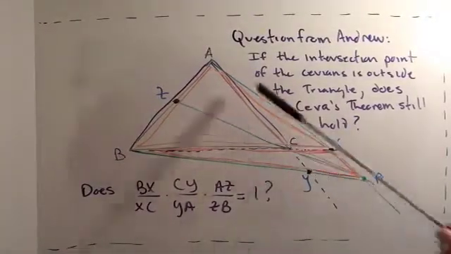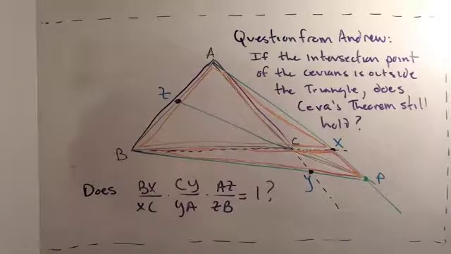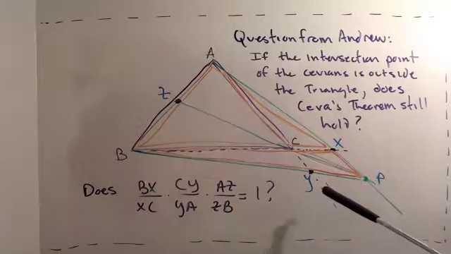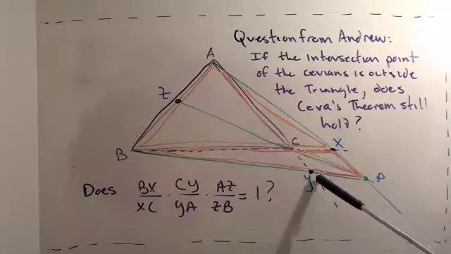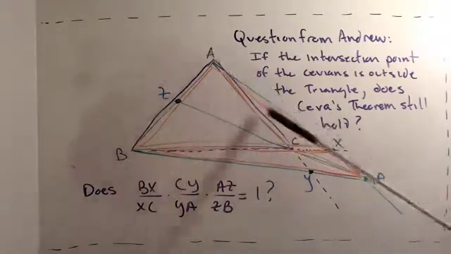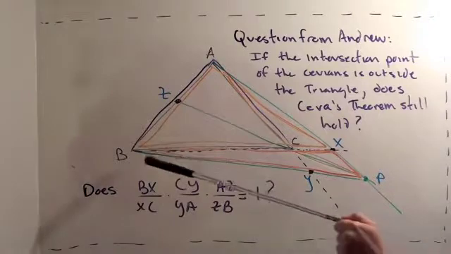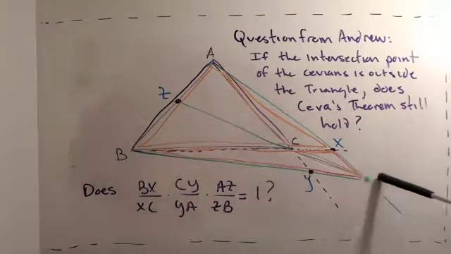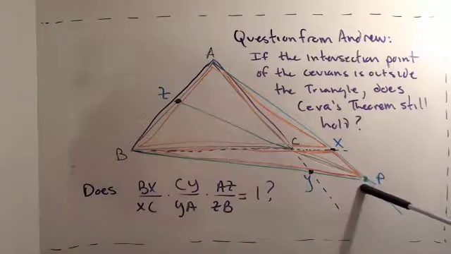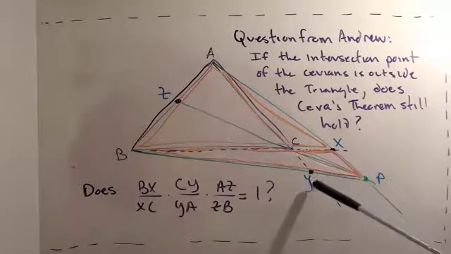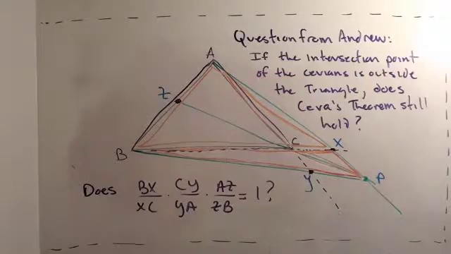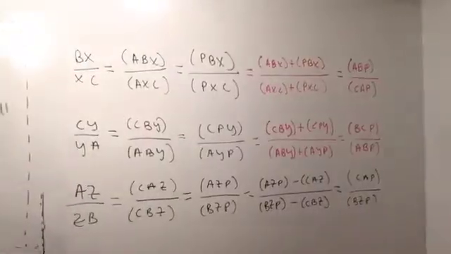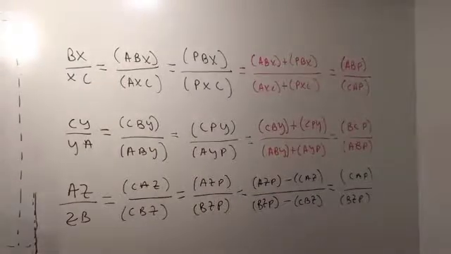Notice that we're talking about the leg AC extended to Y, and B to Y to this intersection point P. And notice that, as before with X, Y is outside of the triangle, and because of that, it turns out, instead of subtracting the areas as we did in the original proof, we have to add them.